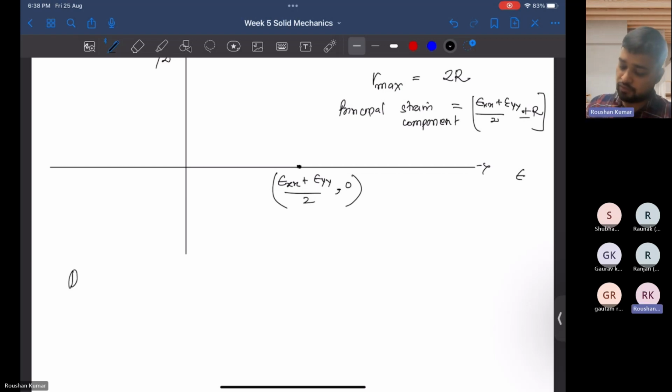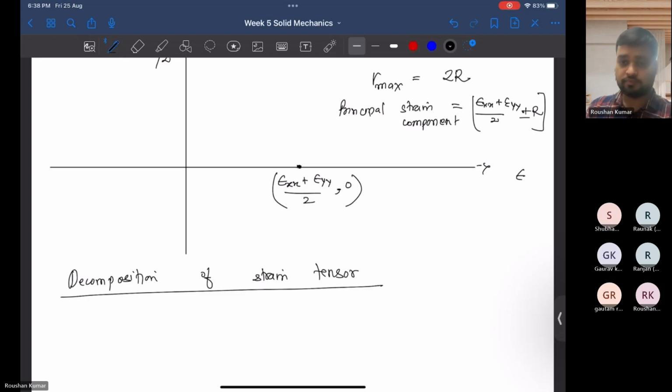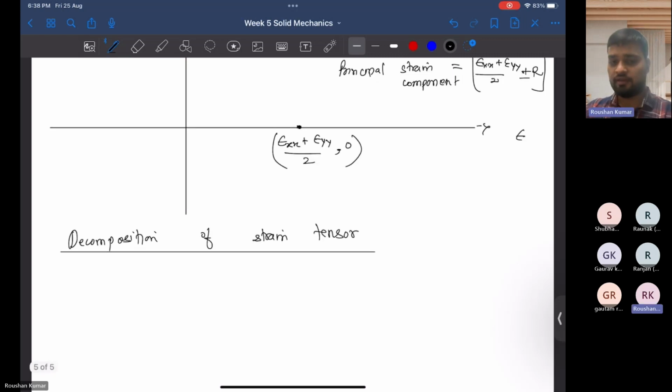Now the decomposition of the strain tensor. In the same way as earlier, where we broke the stress tensor into two parts, hydrostatic and deviatoric, here also we can break the strain tensor into two parts, that is the volumetric strain tensor and the strain deviator.